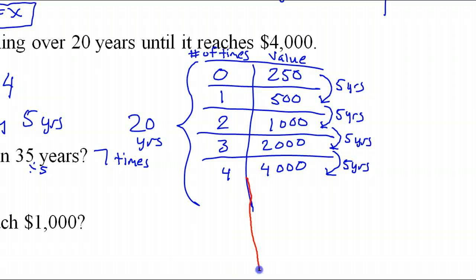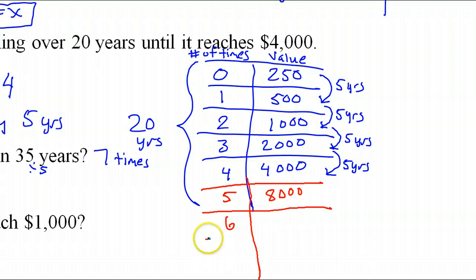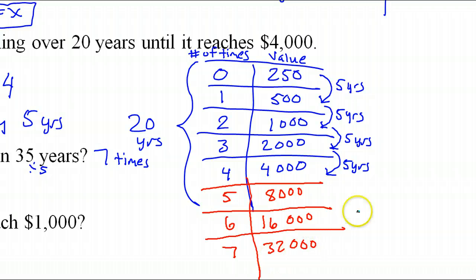So if we continue on with the chart. If it doubles a 5th time, then that will be $8,000. If it doubles a 6th time, that is $16,000. If it doubles a 7th time, that is $32,000.